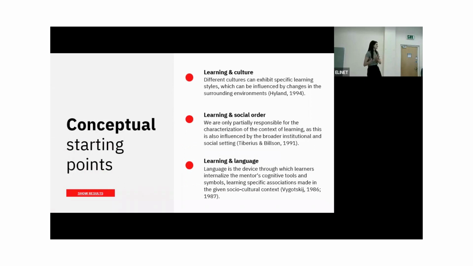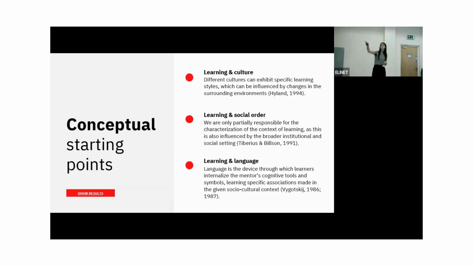I'm actually not going to spend much time on this slide, but just to give you a little bit of background as to how I approach this topic. This study was informed by a Vygotsky-inspired approach to understanding the mobility and construction of knowledge.